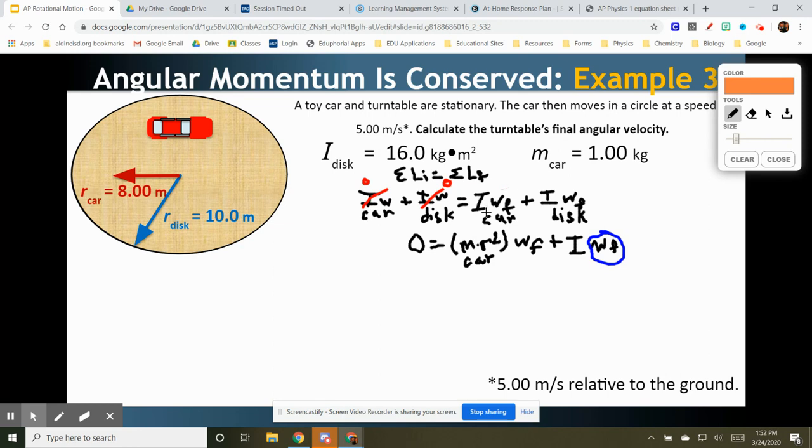I hope you caught on to the moment of inertia of the car being expanded into mass times radius squared. And then we have this problem. We have angular velocity final of the car, but we were given its linear velocity. So how again do we get linear velocity into angular velocity?